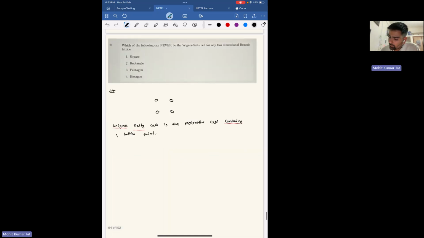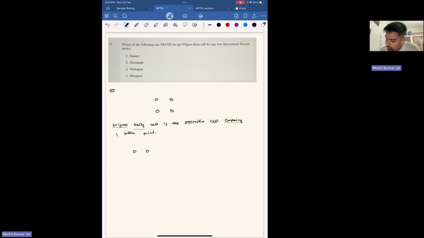So in the square lattice, yes, you can choose this one. You make the lines like this, then you bisect them, and you make this Wigner-Seitz cell. So this is the Wigner-Seitz cell for the square lattice. So this is true.